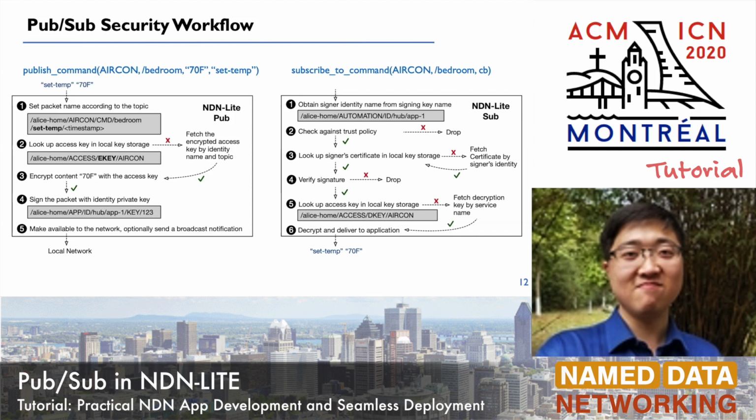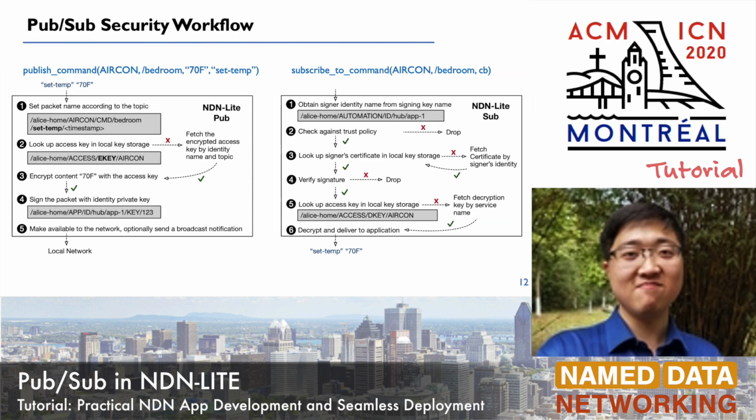Sorry, this is actually a command publishing. You call this API, and the parser module will create a data packet and look up the encryption key in local key storage, encrypt this data packet, sign it with the publisher's identity key, then make it available to the network and broadcast the notification interest to the local network.